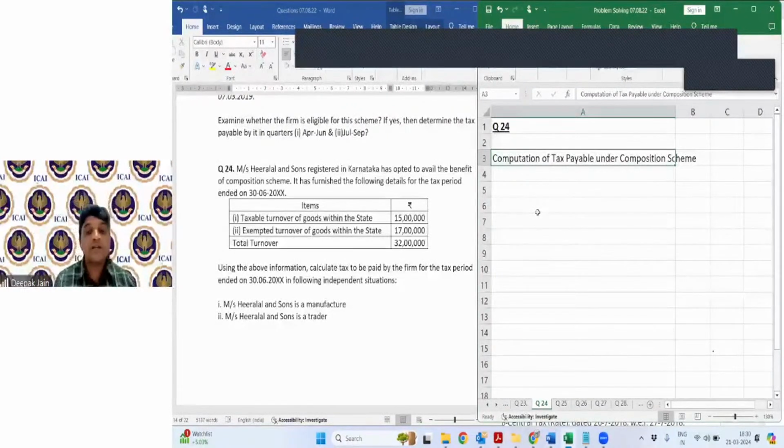Is 18% applicable, sir? No, it is composition scheme, right? So why will it be 18%? Manufacture of which goods, since they have not mentioned any specific goods, so you can consider that it is not in those restricted goods list.